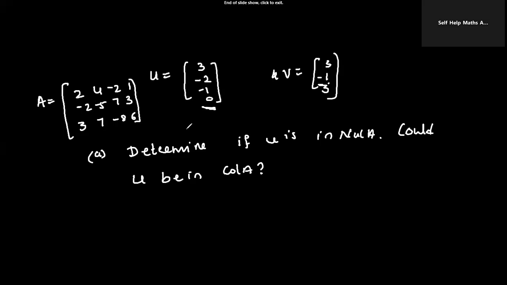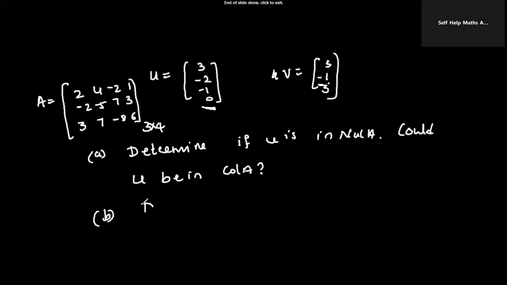To be in Null A, what are the conditions I told you? It is a 3 by 4 matrix, so what has to be the order of u in order to be in Null A? And also, is the same u in Col A? I just explained the basic requirement for a given vector to be in Col A. Whether u satisfies that is the next question.